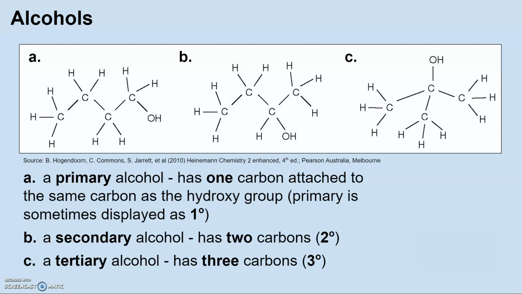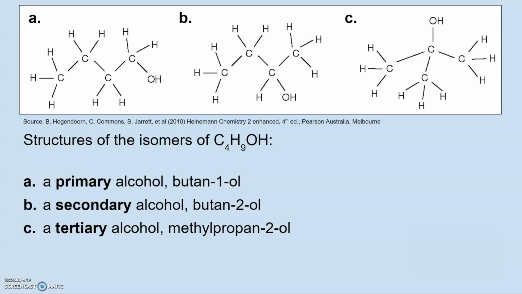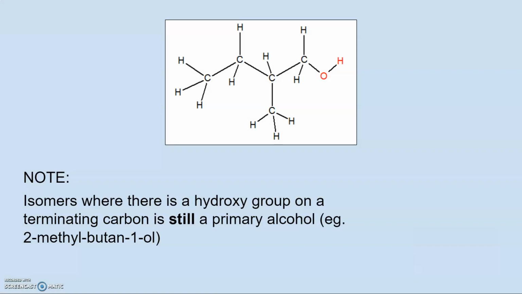Secondary alcohol, 2 carbons attached to the same carbon. Tertiary alcohol, 3 carbons attached to the same carbon. And so these react differently. Note that even though I've got this branch coming here, that's still a primary.